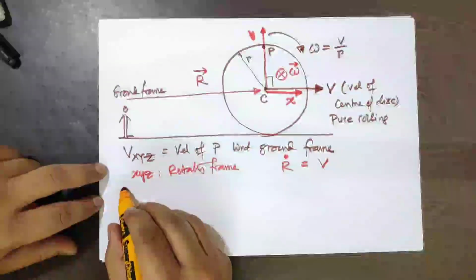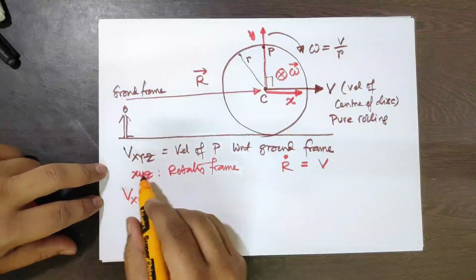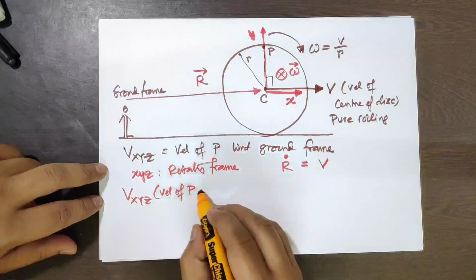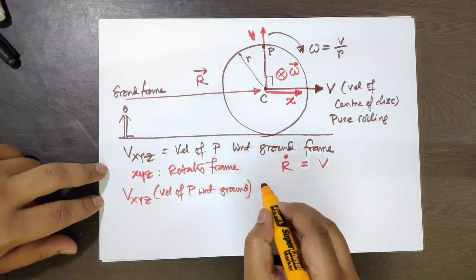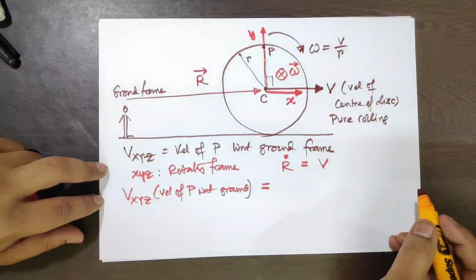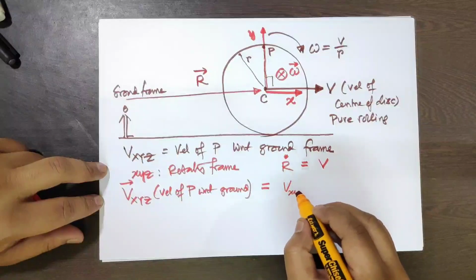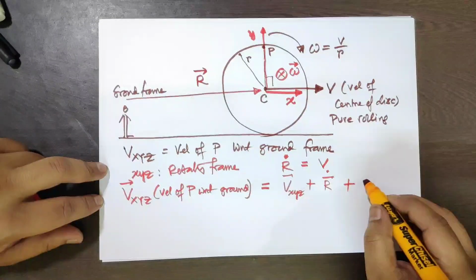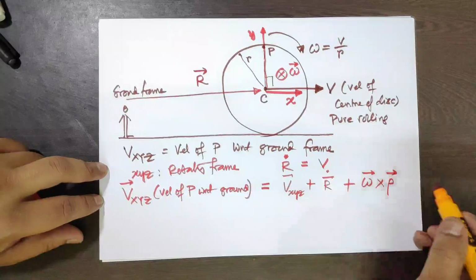Okay, so what do we have? v capital XYZ, that is the velocity of P with respect to the ground, is equal to v small xyz plus r dot plus omega cross rho, right?